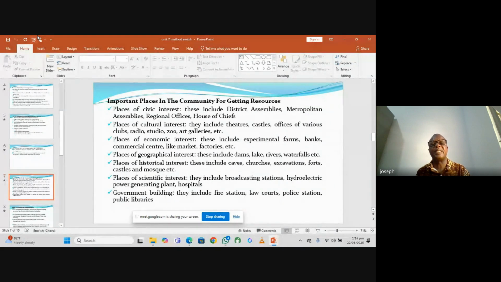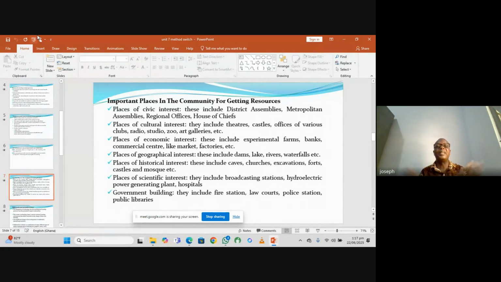Places of scientific interest: we are talking about the broadcasting station, the hydroelectric power generation plant at Akosombo, the hospitals, the Mampong plant medicine center, the atomic energy, and all those areas where we have scientific activities. Then we are talking about government buildings: the important government buildings, the fire station, the law court, the police station, and all those buildings that we have.